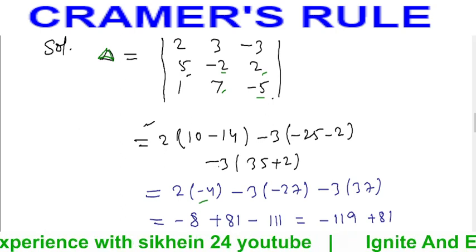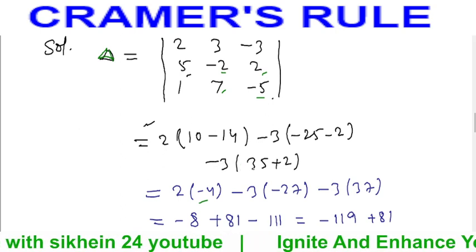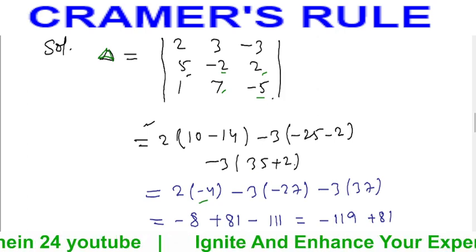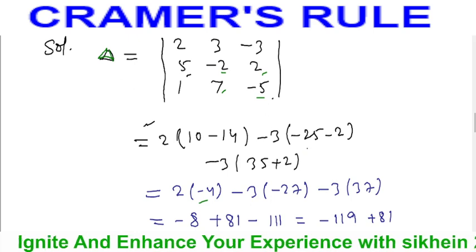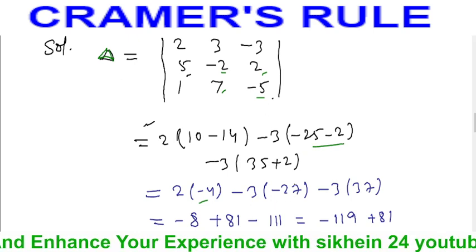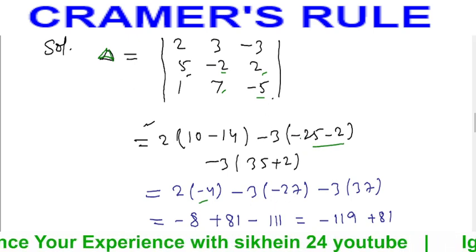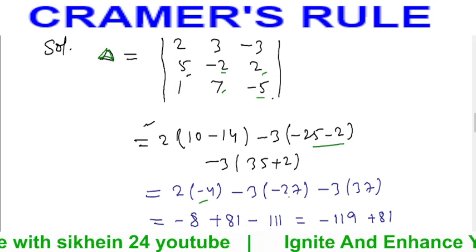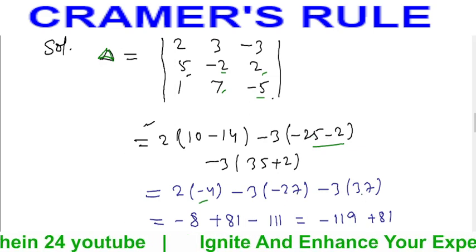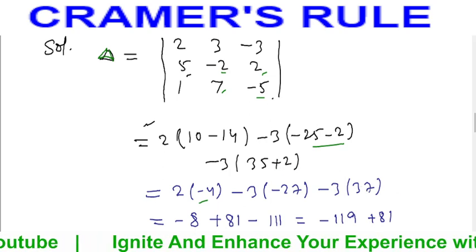Here we have minus 3 into the bracket of 25 plus 2, and after computing we get 25 plus 2, that is 27, but it contains a negative sign. Negative 25 plus negative 2, we get negative 27. Here 35 plus 2 we get 37.